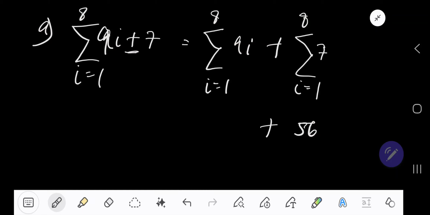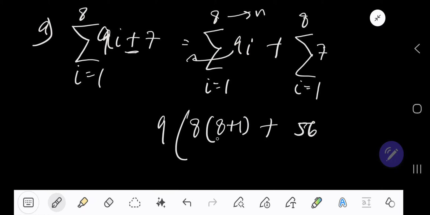And this is 9 times the summation of i, because of the constant multiple rule. So 9 times the summation of i where n is 8, so that would be 8 times (8 plus 1) divided by 2.